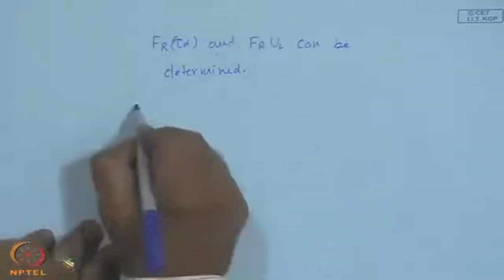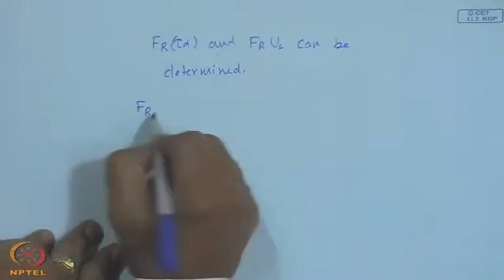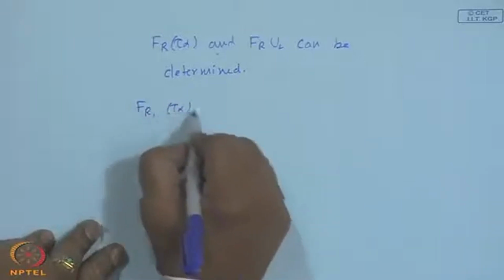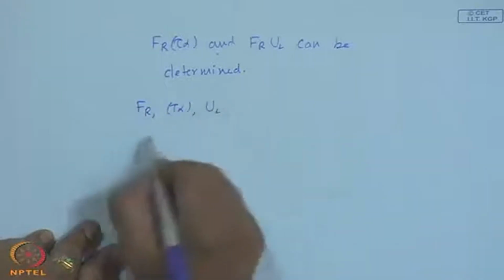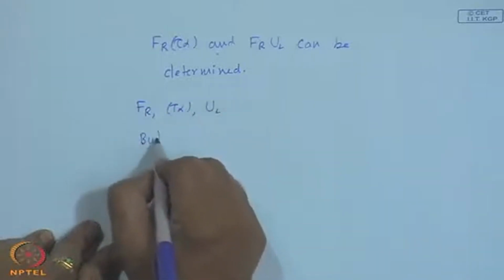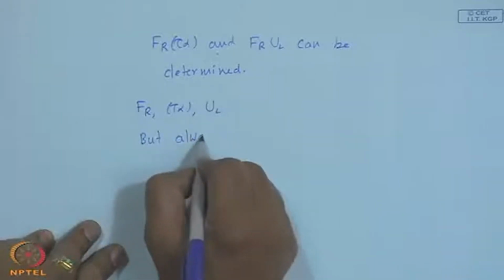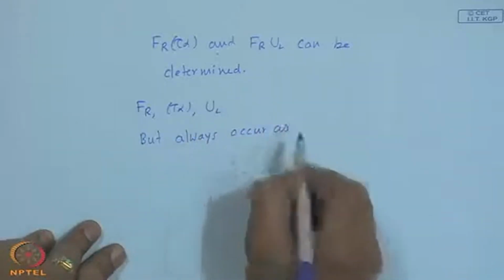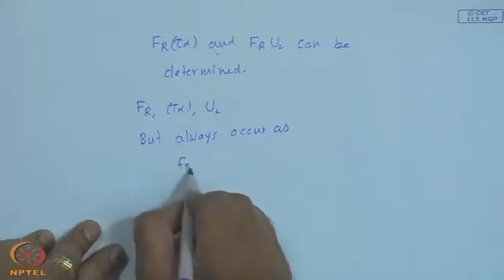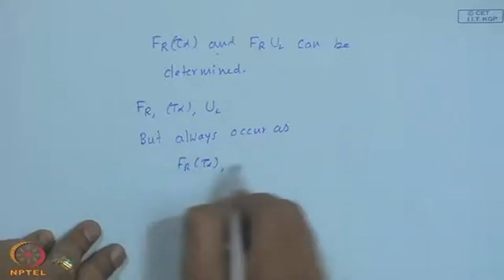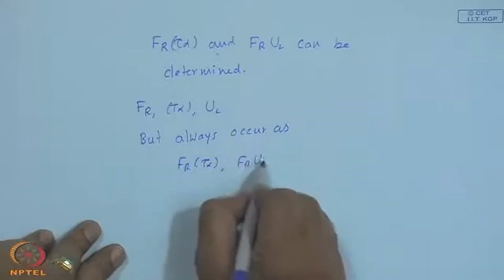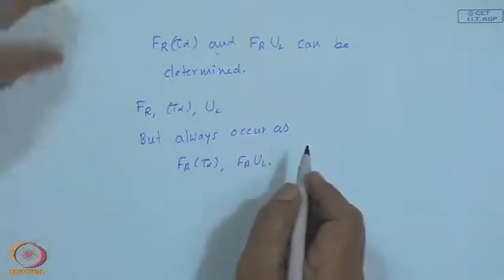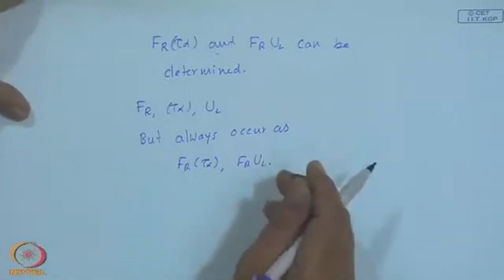Now, actually there are 3 parameters F_R, tau alpha and U_L, but they always occur as 2 products, F_R tau alpha and F_R U_L. So, the 2 parameters can be determined from the efficiency tests.